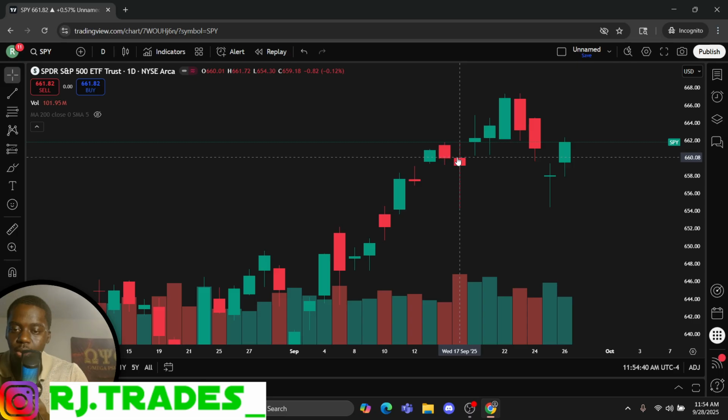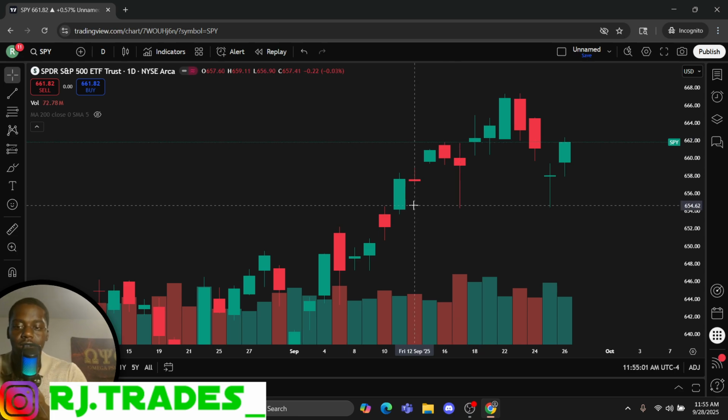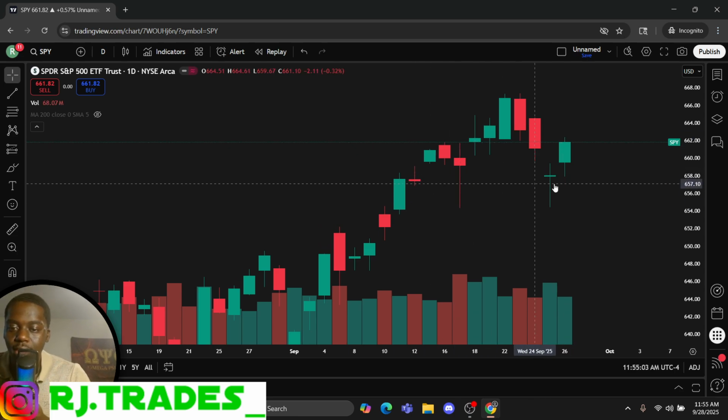It opened right here, 660.14-ish. I might be a little off. It closed at 659.14. At one point in time, the price of SPY was way down here at 654. At one point in time, the price was way up here at 661. So SPY moved a lot that day. Okay. These 2 days, SPY moved a lot.